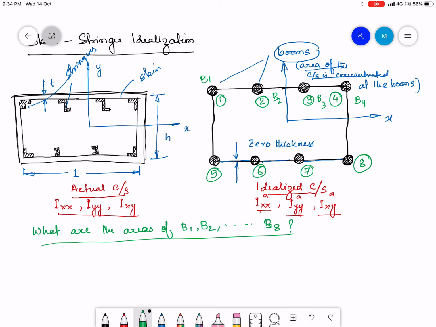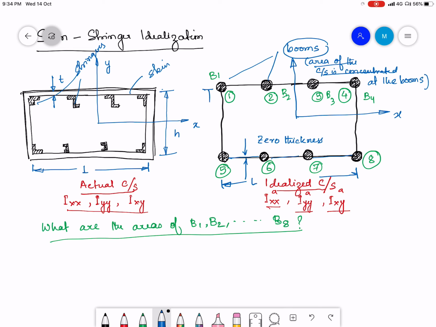I forgot writing the dimensions. So this will still be L, and this is going to be H.